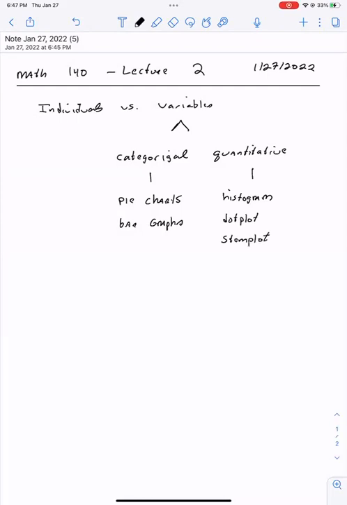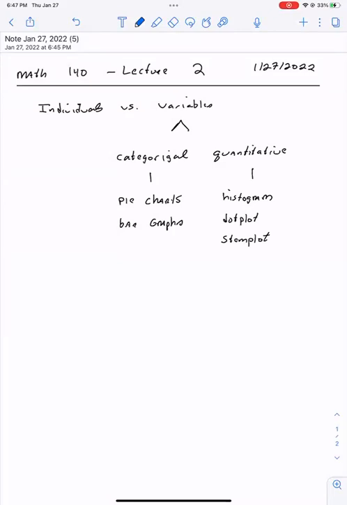A scatter plot was also mentioned, although technically that's for two quantitative variables, not one.